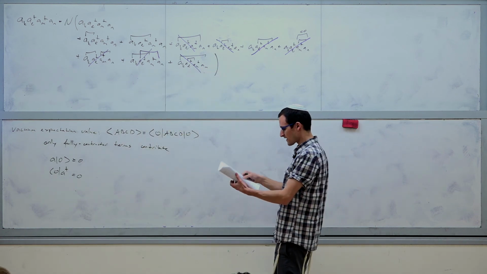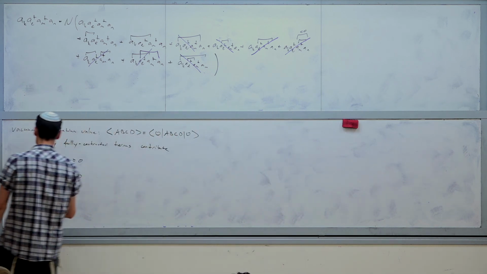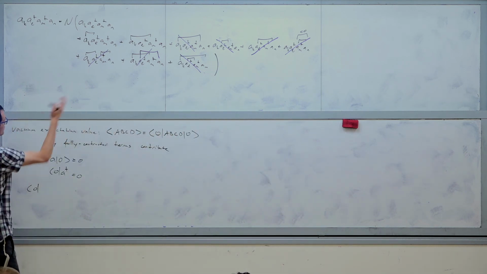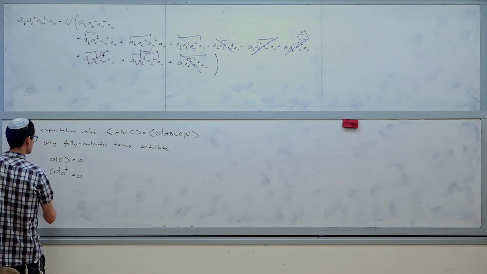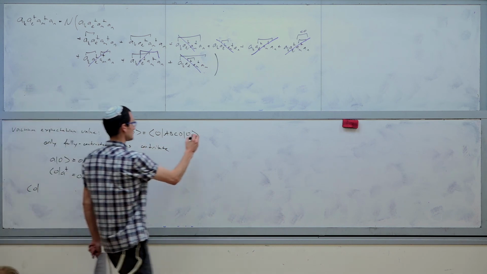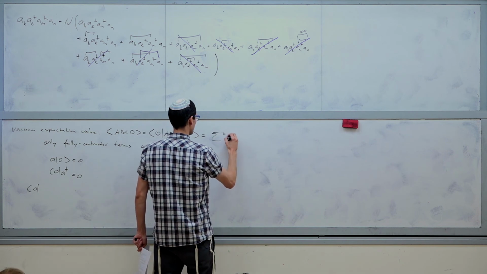So you see that for our example that we solved up there, this expectation value is just equal to 0 because all fully contracted terms are equal to 0. So this is equal to the sum of all fully contracted terms.